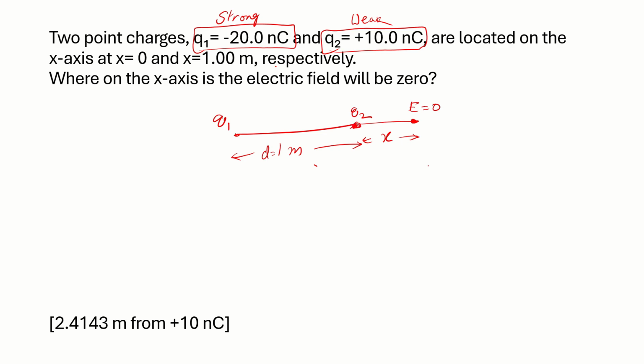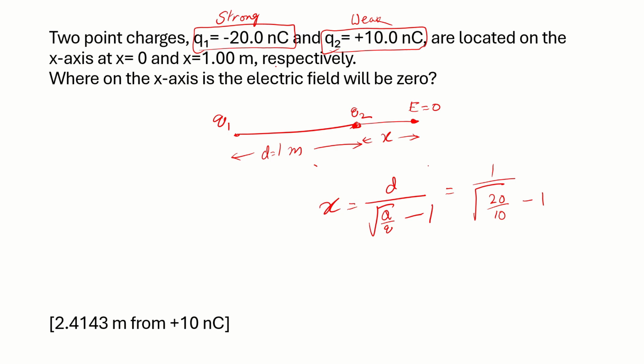So what is the formula to find x? The formula is d over the square root of the strong one by the weaker one, minus 1, because the charges are unlike charges. So 1 over the square root of stronger 20 by weaker 10, no need to write nano, minus 1.